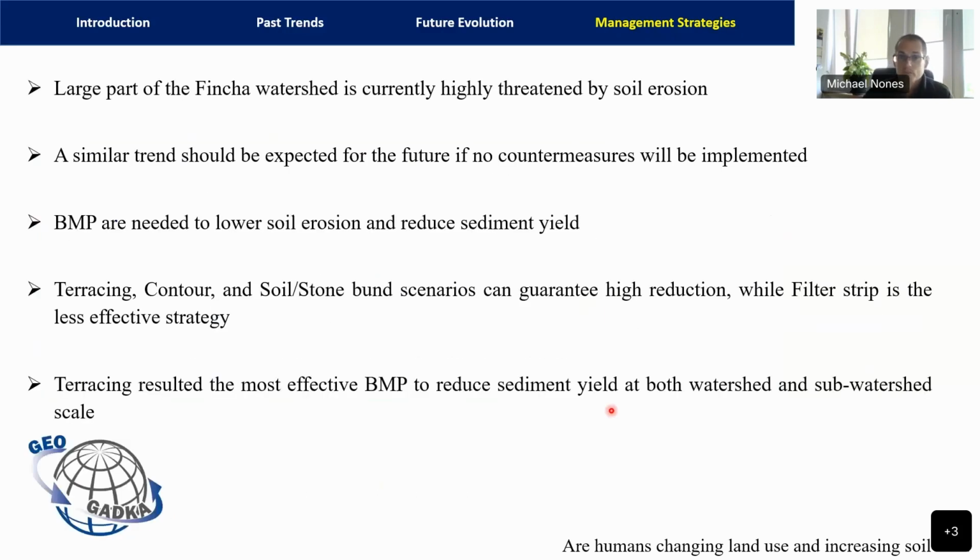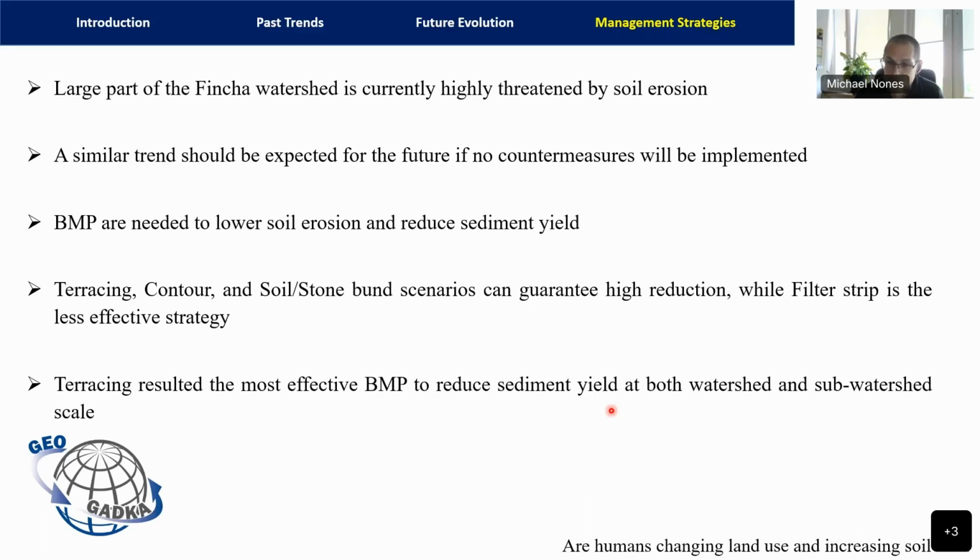Then, moving towards the conclusion of today's speech. I reported here the example of the Fincha watershed to speak about the impact of human-driven land use on soil erosion, because this is a watershed which is highly threatened by soil erosion and whose economy is largely based on agriculture.